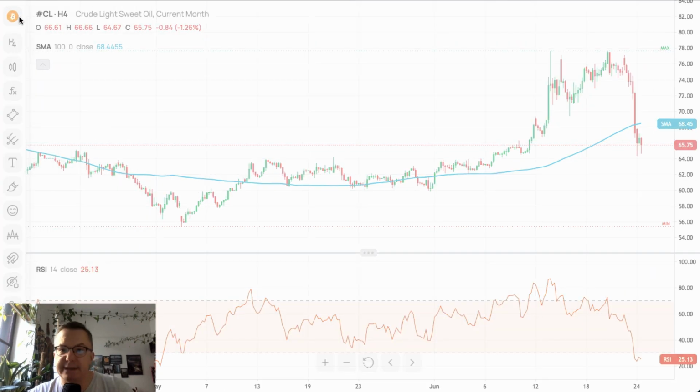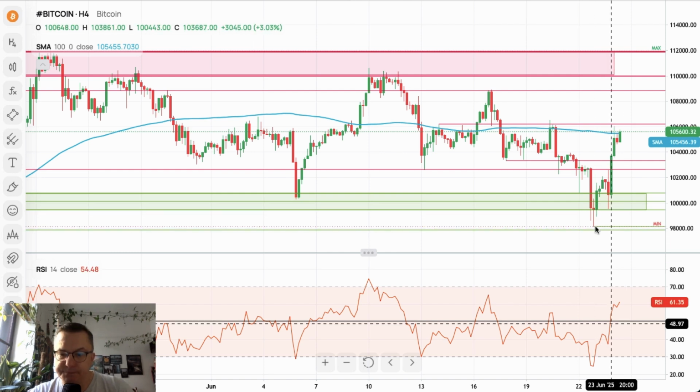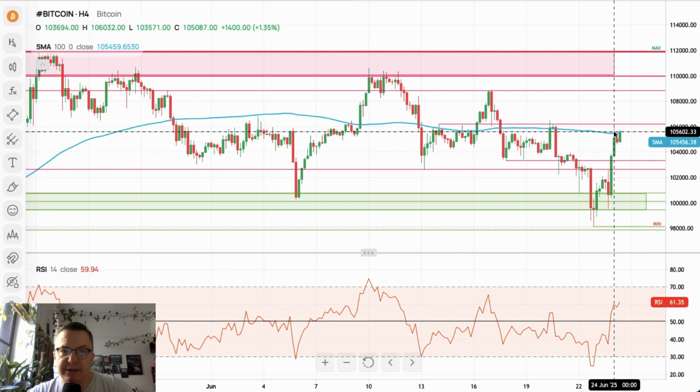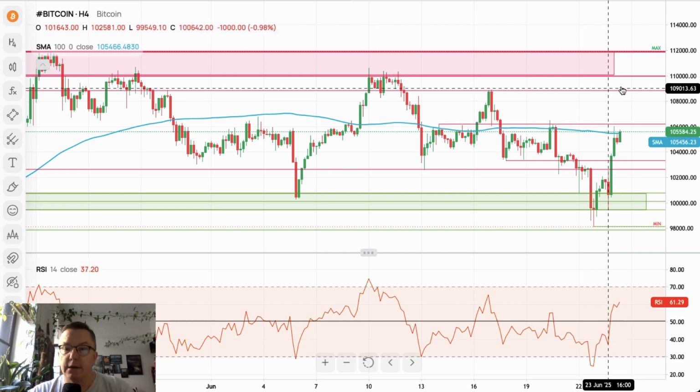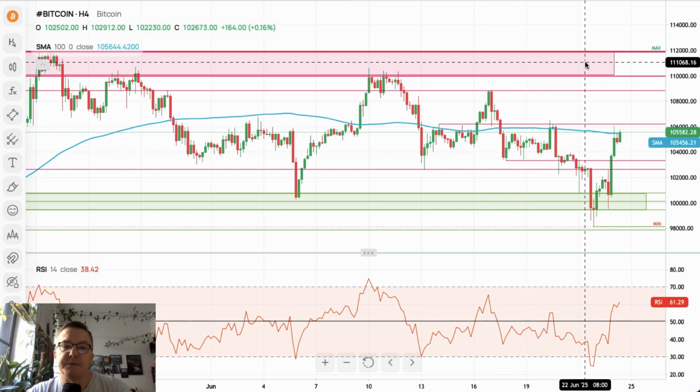And last but not least, let's take a look at Bitcoin. The Bitcoin is moving up. Momentum is positive, 61 points. We are testing the 100 periods moving average on a 4-hour time frame chart yet again, 105,456. Any breakout higher means that the next level, 108,819, will be tested, and then of course the supply zone is the eventual next target for the Bitcoin.